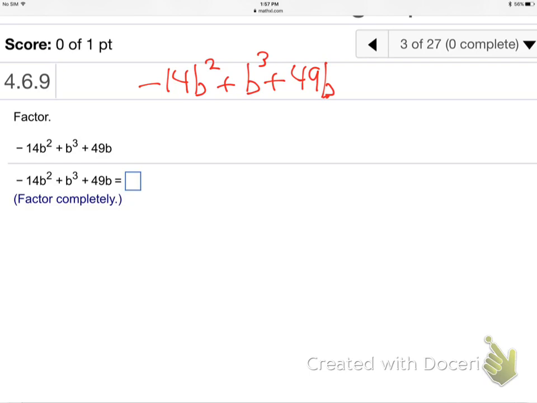So reorder, and then take out what's in common, right? Don't forget that. GCF, before you do anything else, GCF.